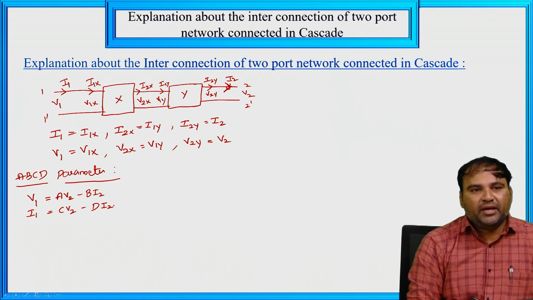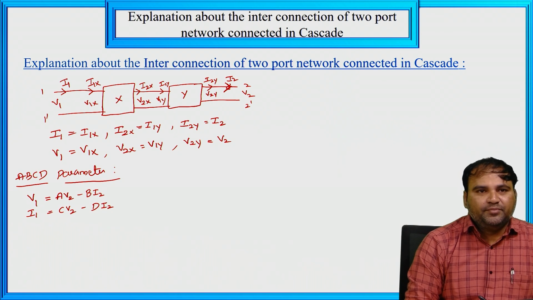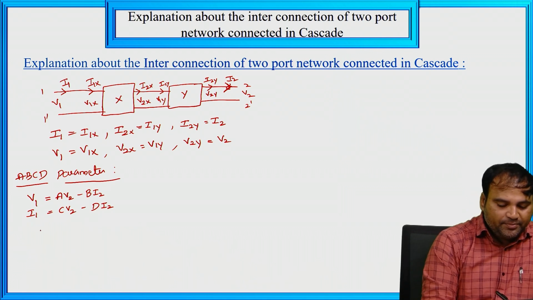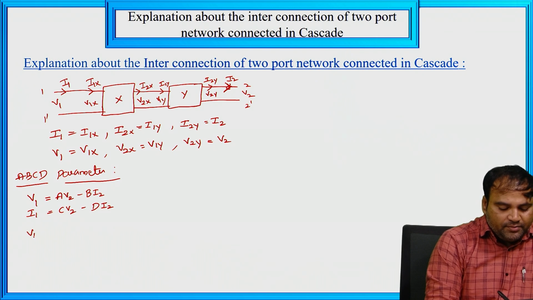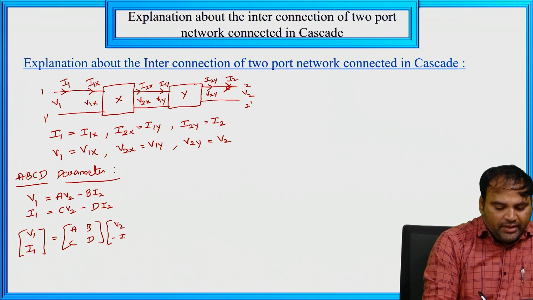These are the ABCD parameter equations for the input voltage and input current. Writing this in matrix form: V1, I1 equal to the matrix ABCD into V2, minus I2.